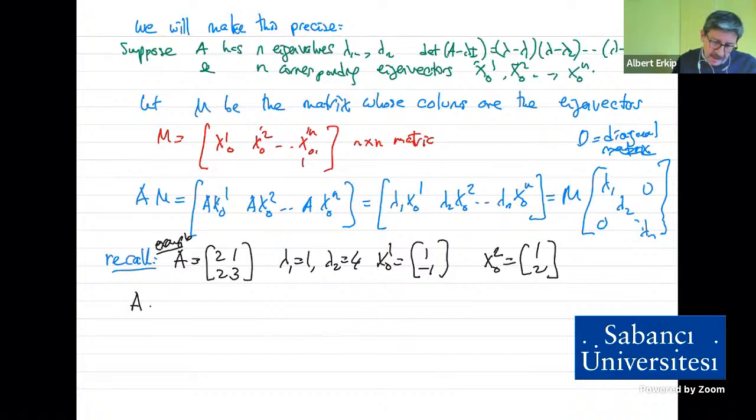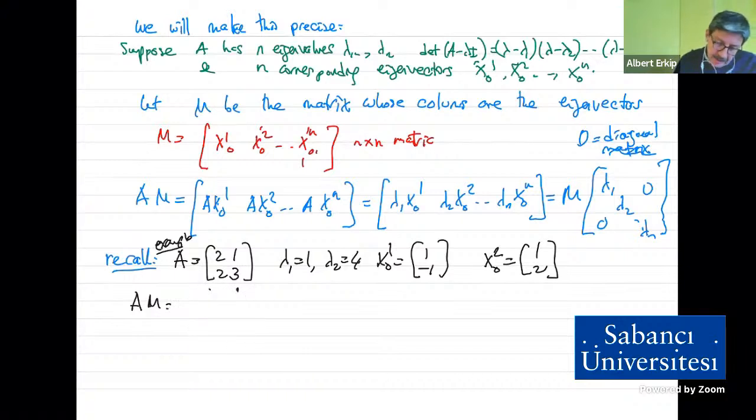So M is just the matrix with columns (1, -1) and (1, 2).